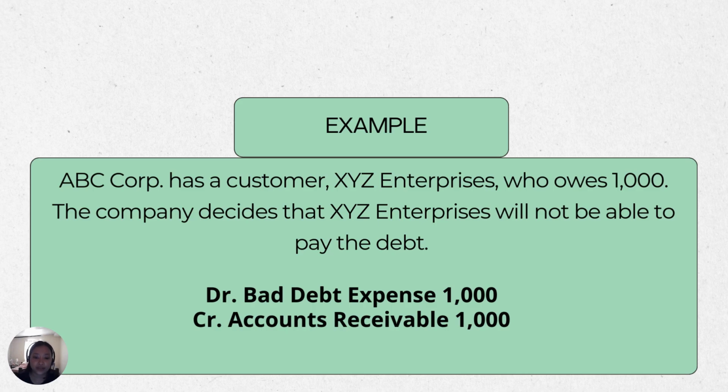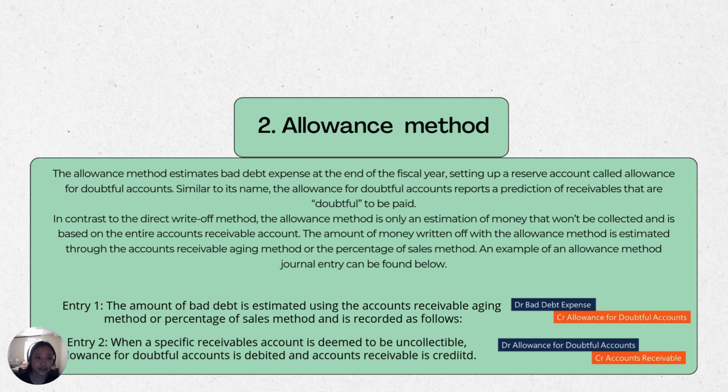The next method is the allowance method. The allowance method estimates bad debts expense at the end of the fiscal year, setting up a reserve account called allowance for doubtful accounts, similar to its name. The allowance for doubtful accounts reports a prediction of receivables that are doubtful to be paid.